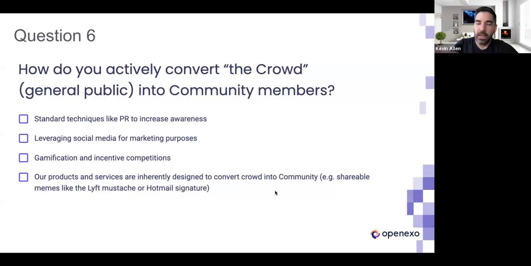Question 6 is, again, community and crowd, which is saying, do you actively convert the crowd into community members? So this really is an engagement question. This is really looking at how you engage your audience.